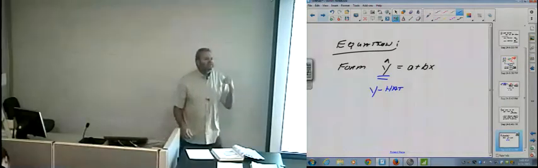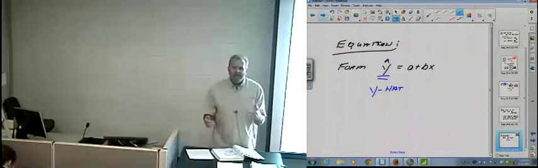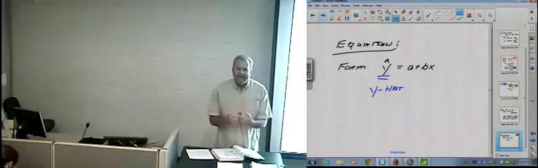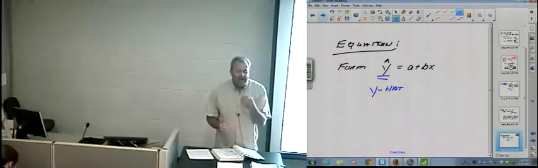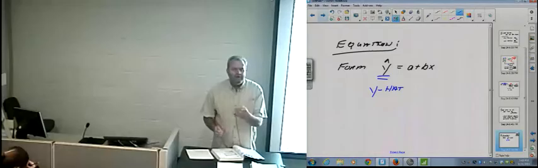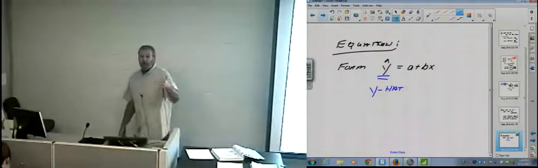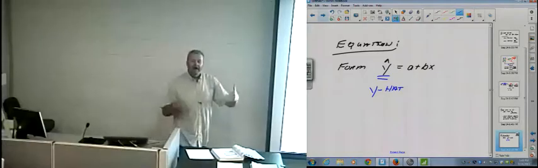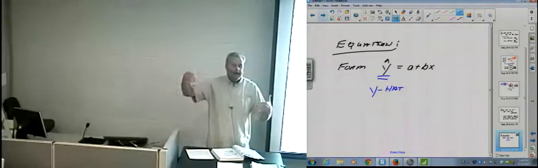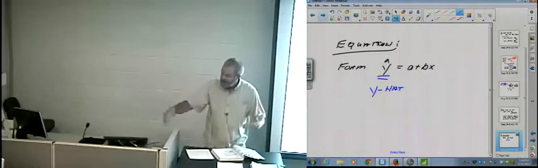We have to distinguish between the values of the response variable that come from the data, that's a Y, and the values of the response variable that come from the line. We have to distinguish between the observed Y from the data and the predicted Y that comes from the least squares regression line.